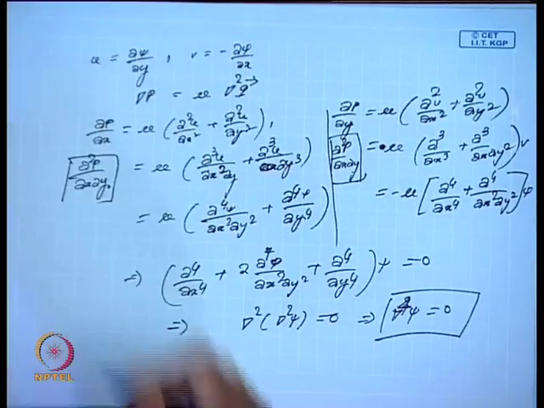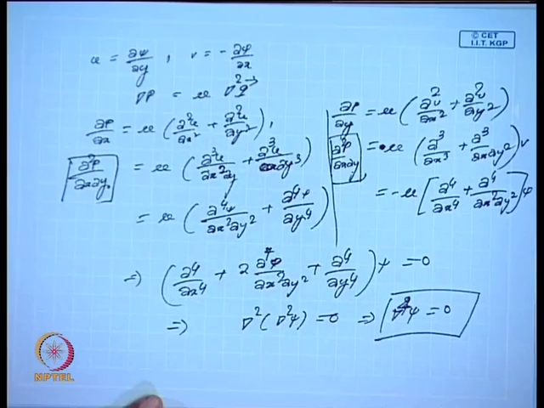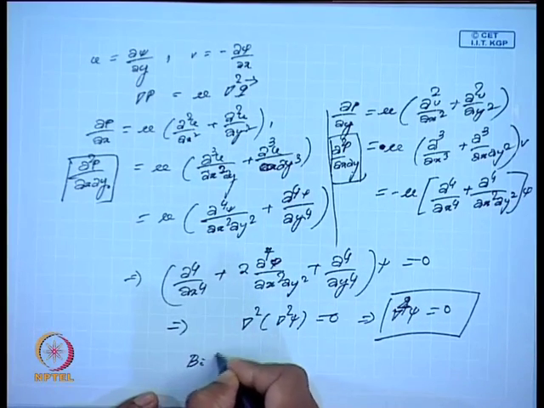So when the Reynolds number is small, the stream function psi will satisfy the biharmonic equation.